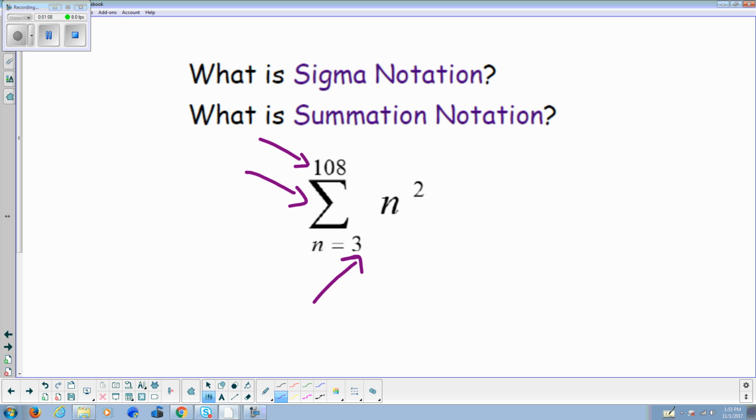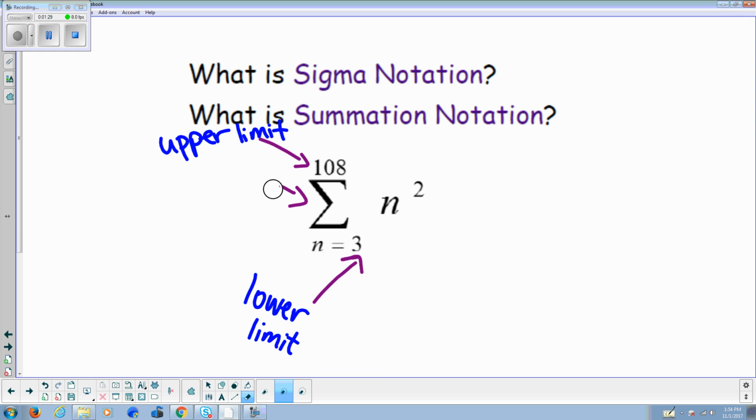What I want you to make a note of here is that this number at the bottom is your lower limit, and the number at the top of the sigma is the upper limit. So this is just the basic way that we write the sigma notation with a lower limit and an upper limit.